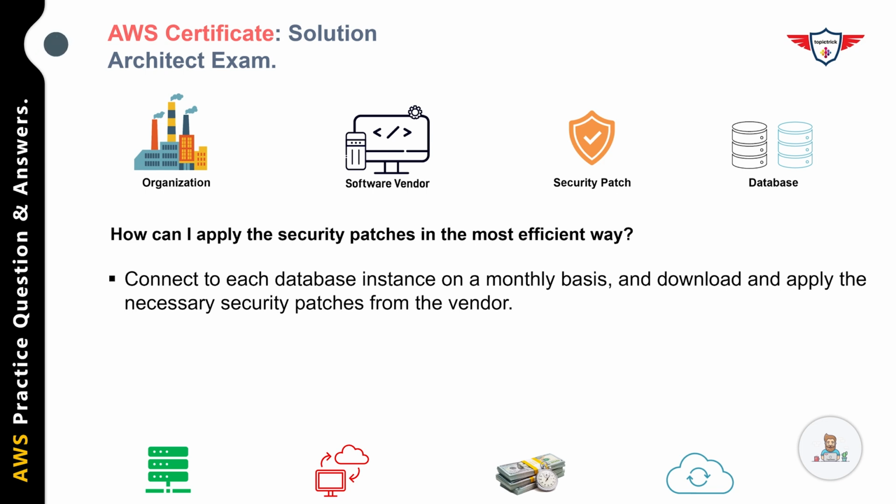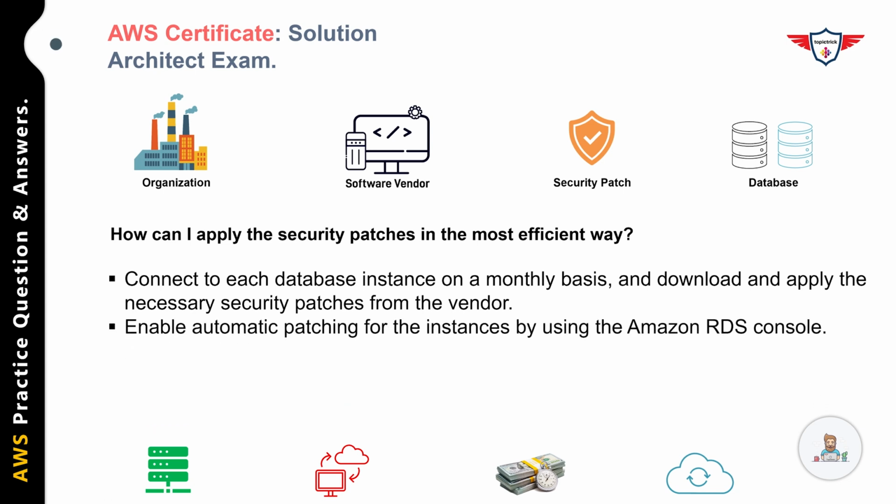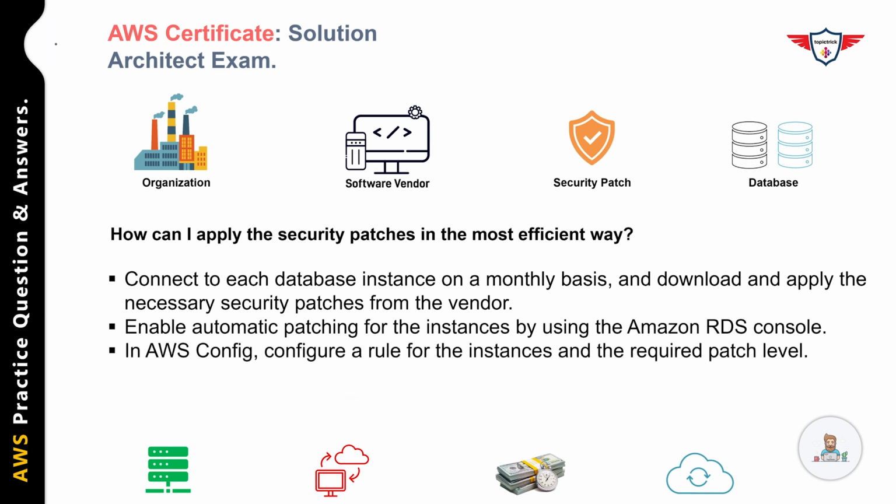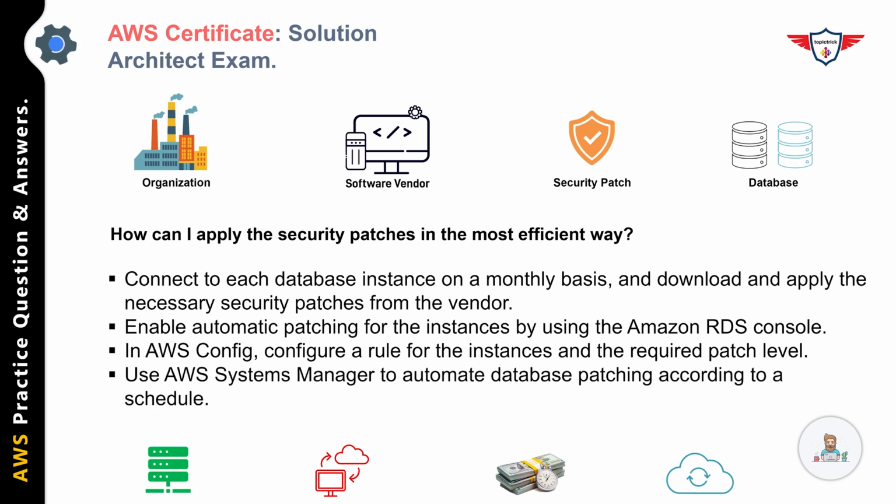And your options are: connect to each database instance on a monthly basis and download and apply the necessary security patch from the vendor; enable automatic patching for the instance by using the Amazon RDS console; in AWS Config, configure a rule for the instance and required patch level; and the last one is use AWS Systems Manager to automate database patching according to a schedule. The correct answer is use AWS Systems Manager to automate database patching according to a schedule.